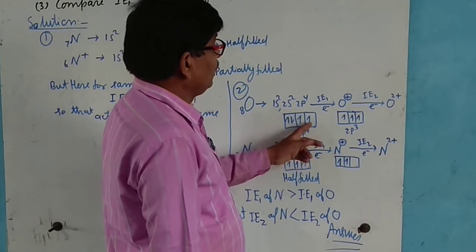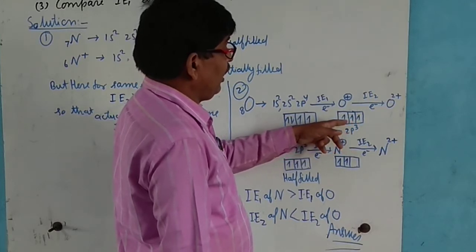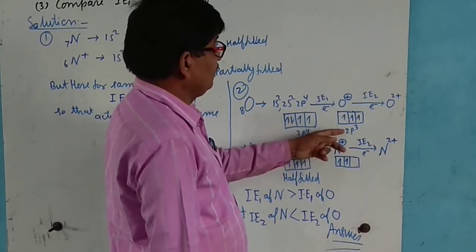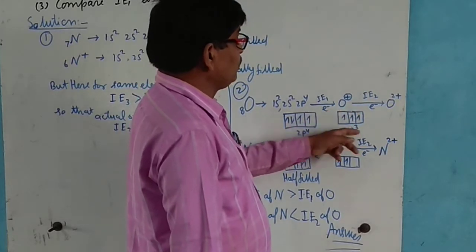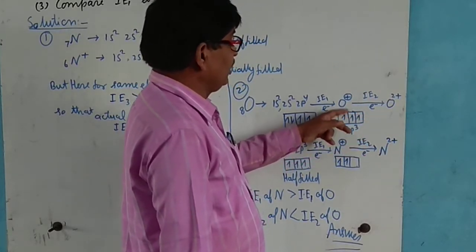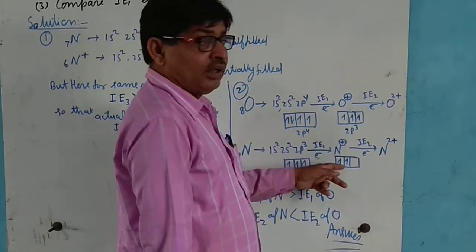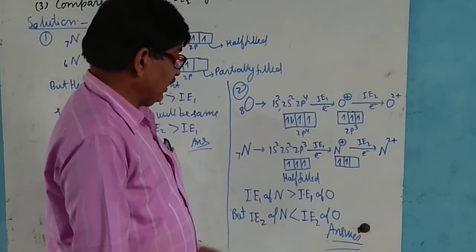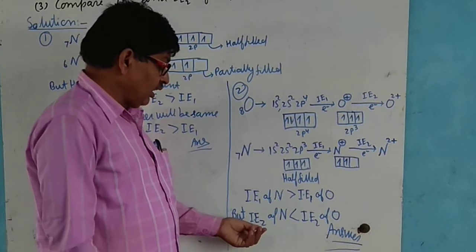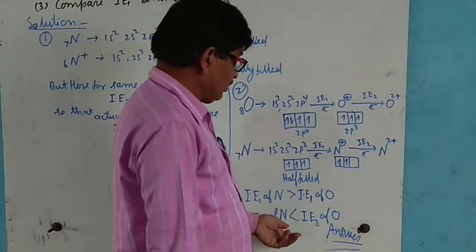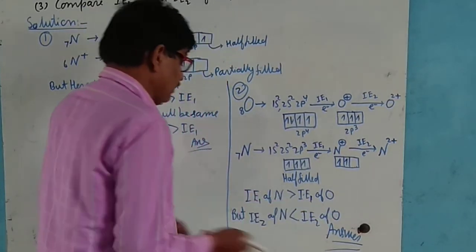But in the second ionization energy, oxygen becomes half filled and nitrogen becomes partially filled, so the second ionization energy of oxygen is greater than the second ionization energy of nitrogen. This is our answer.